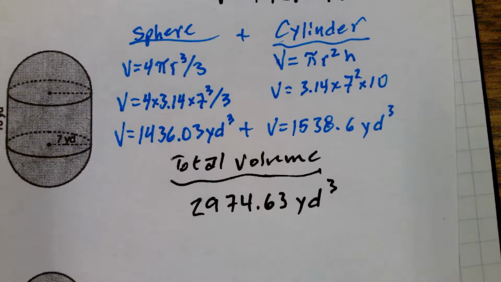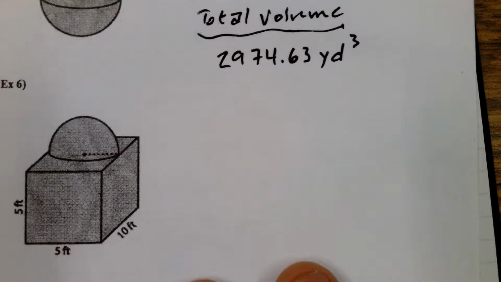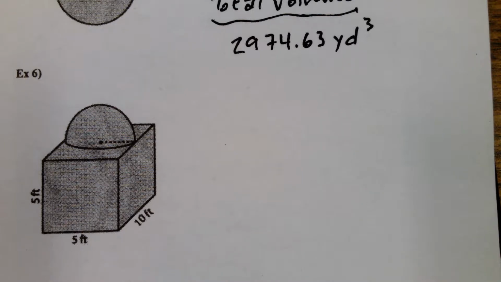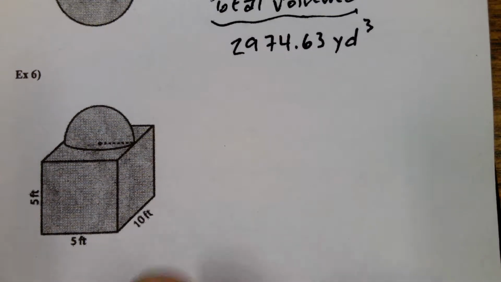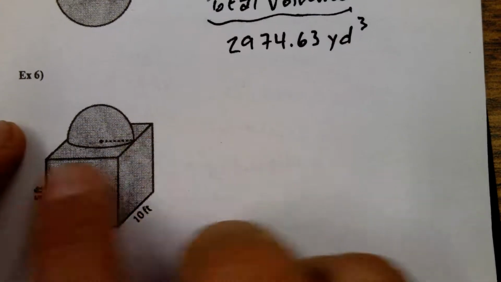All right, let's go ahead and try the last one. We got a little bit of a problem. We have a hemisphere and then a rectangular prism. What's the issue with the hemisphere? There's no radius, not even a diameter. Or is there? Yes. Why 5? Yeah. Here's the assumption we're going to make. We're going to assume this hemisphere touches end to end along the length here.